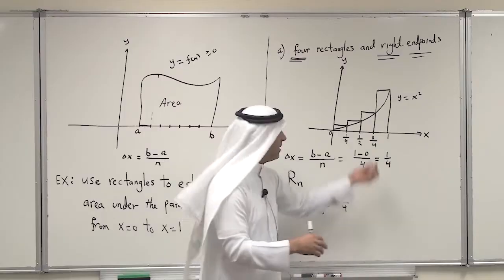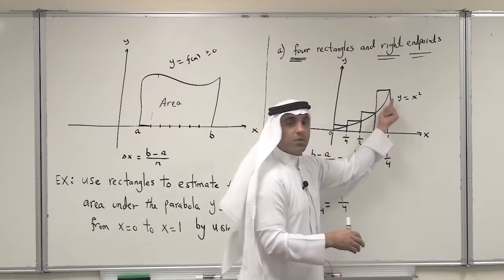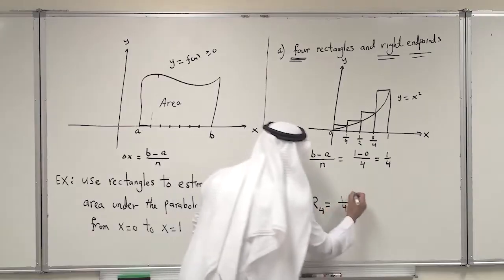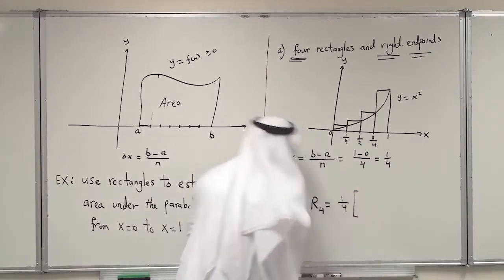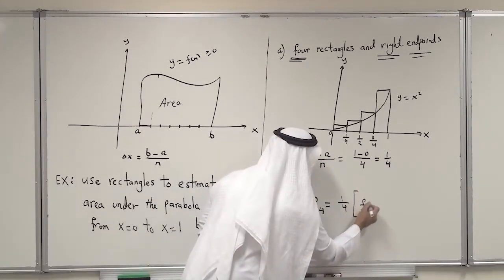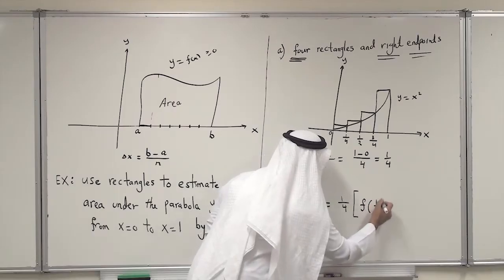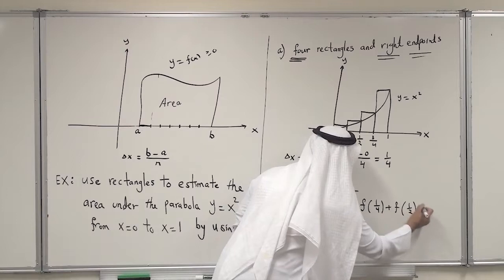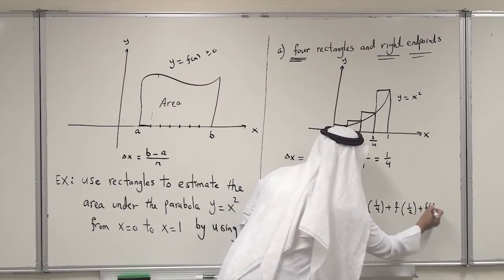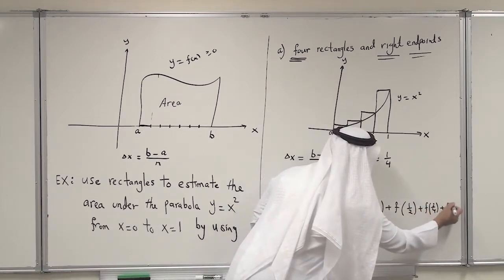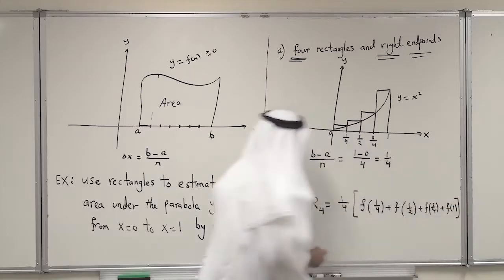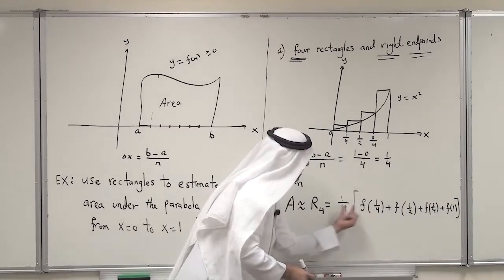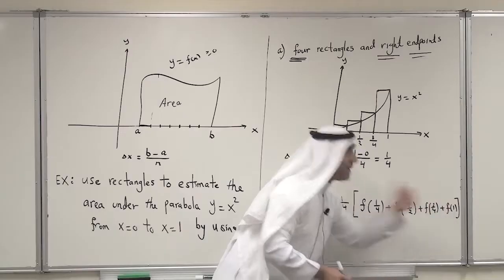The last one is 1/4 times the image at 1. So we can take 1/4 as a common factor. Then we multiply by f(1/4) + f(1/2) + f(3/4) + f(1). This is the width and this is the height of each sub-rectangle.